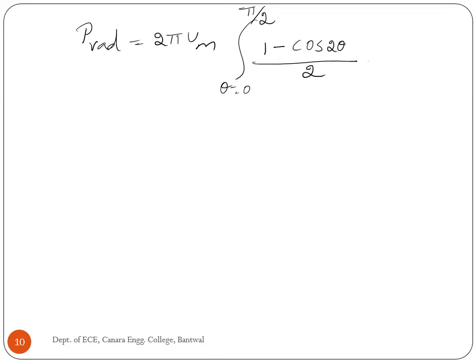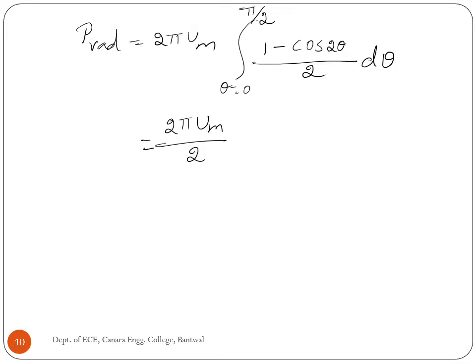Radiated power is equal to 2 pi Um, integral from 0 to pi by 2 of sin square theta d theta. Sin square theta is (1 minus cos 2 theta) divided by 2 d theta. Therefore, radiated power is equal to 2 pi Um by 2.